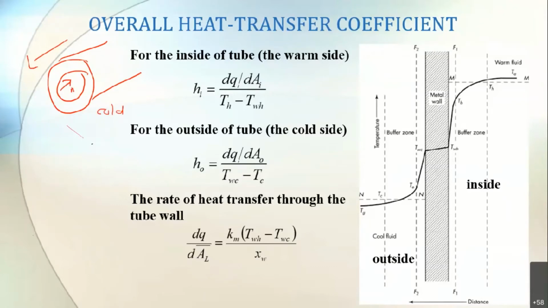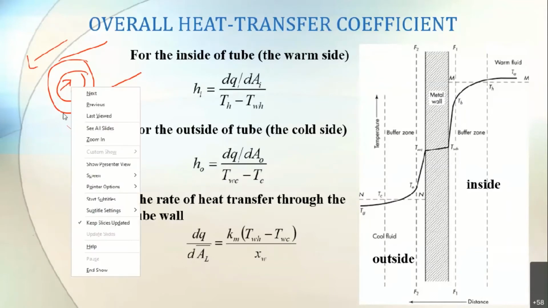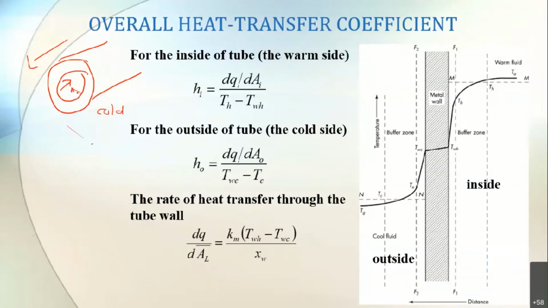Whatever heat is being transferred goes from the hot liquid to the surface, then through the thickness, and then from the thickness to the cold air or whatever. So from this point to this point, for this area it is convection.